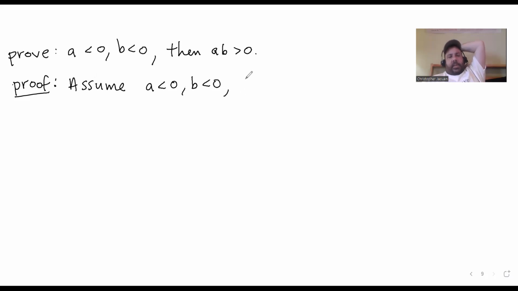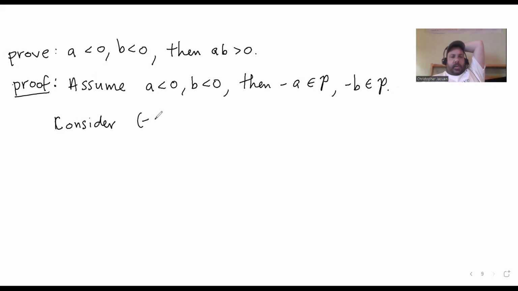Then by the definition of less than, that means that negative a is in the set of positive numbers, and negative b is in the set of positive numbers. Consider negative a times negative b. And from that last thing, let me go back to it.